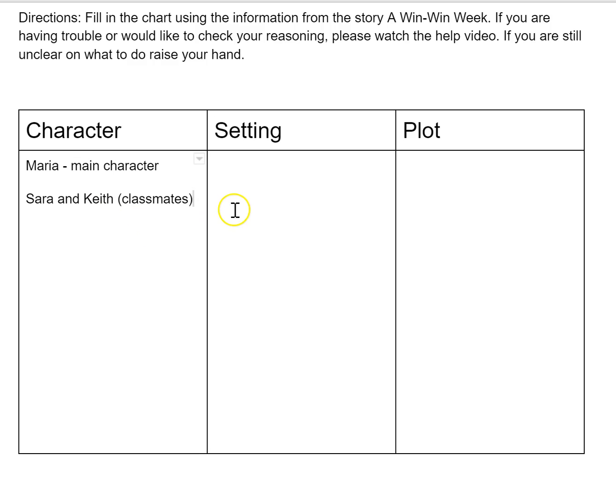Those are some other additional characters in the story. Oh, there's even her, what does it say? I believe on page 247. Yeah, she mentions her grandfather. Again, not a main character by any means, but is mentioned, and they do use him as a resource for their project that they're working on.